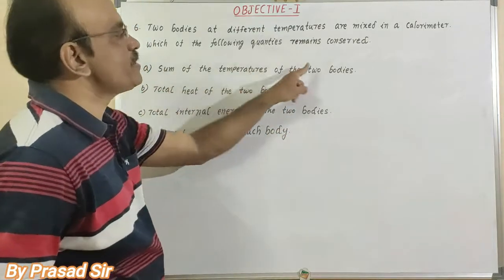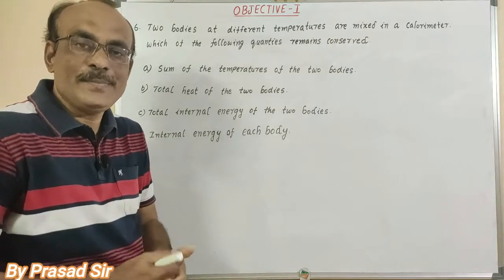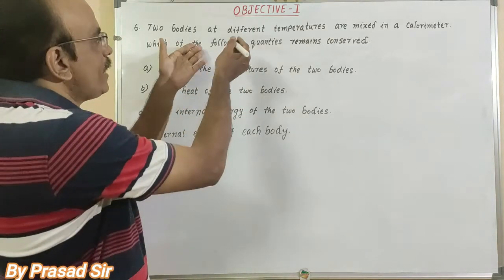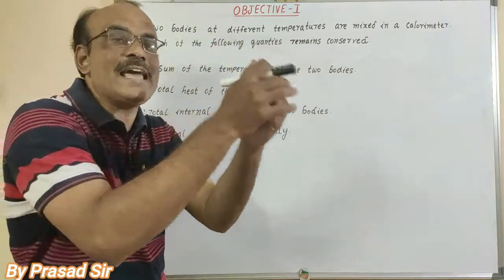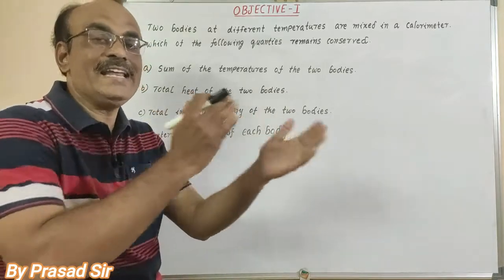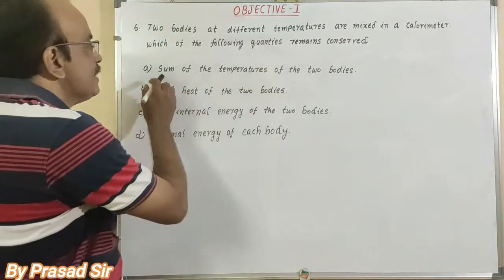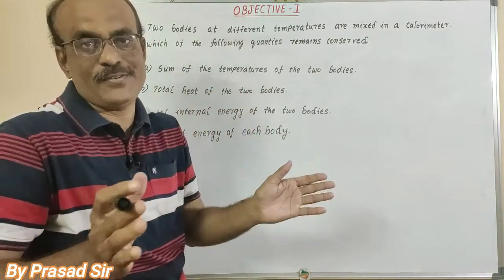Is the sum of the temperatures of the two bodies conserved? How may it be conserved? Because two bodies at different temperatures are mixed in a calorimeter, they attain thermal equilibrium, so the sum of the temperatures cannot be conserved.